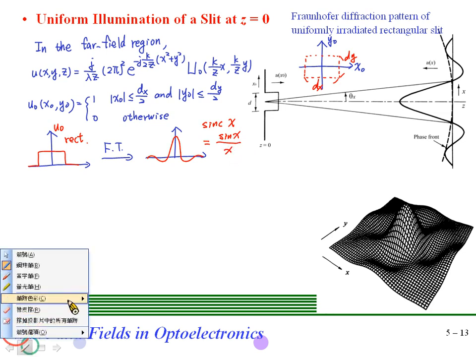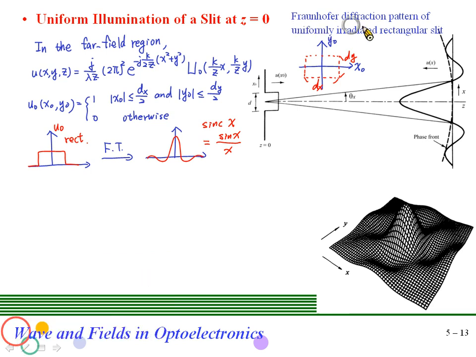So let's find out the Fraunhofer diffraction of this problem. The initial amplitude here, the U0 function, can be written as the rectangular function of x0 over d sub x times the rectangular function of y0 over d sub y.